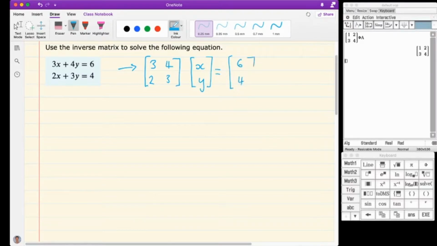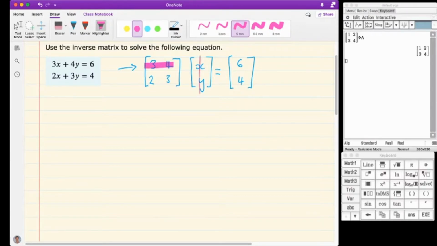Now hopefully, if we look at it a little harder with our knowledge of matrices, we can see that the 3 and the 4 are multiplied in order by the x and the y. When we multiply matrices, we take our row from left to right by our column from top to bottom.